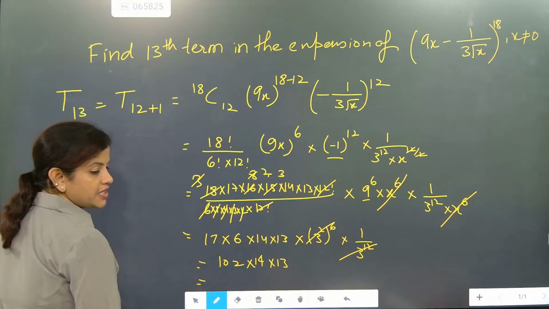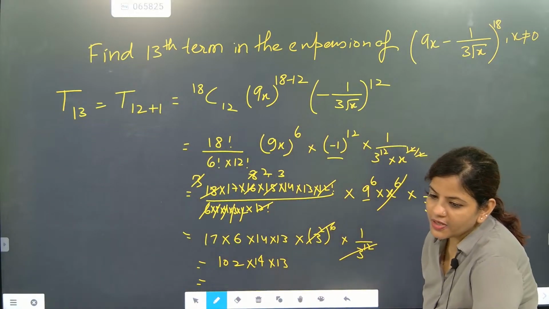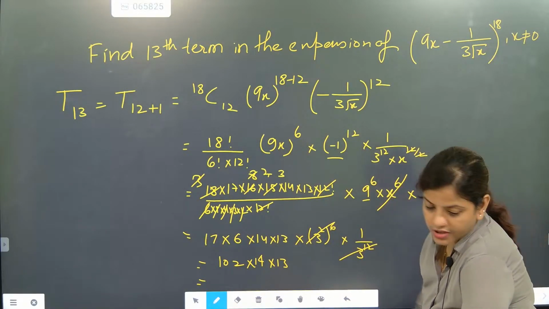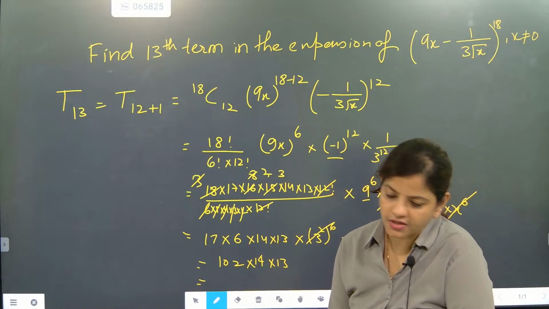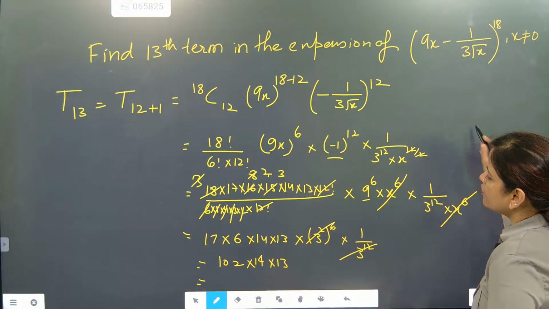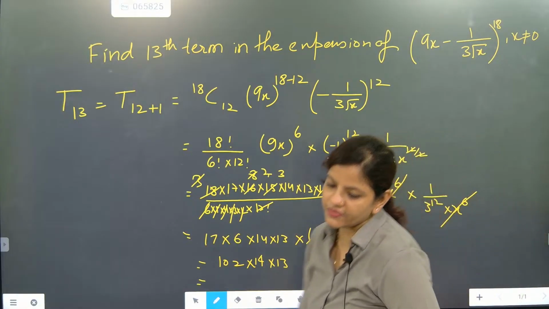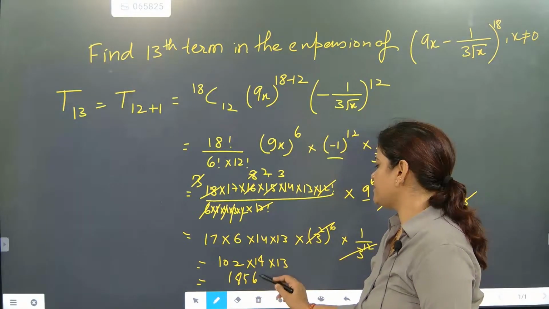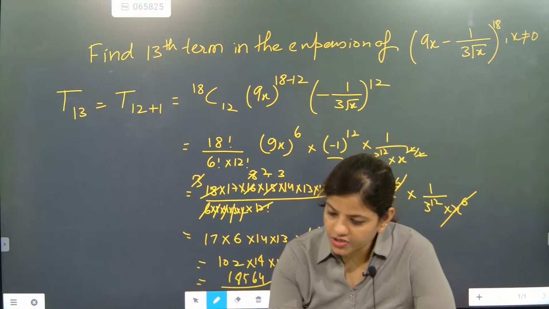So this multiplication will give you the correct answer. 102 into 14 into 13, that's it. Correct only, sir. 102 into 14 into 13 multiply, you will get the answer. Answer is 18564. That's correct. So this is the way we are proceeding with the question.